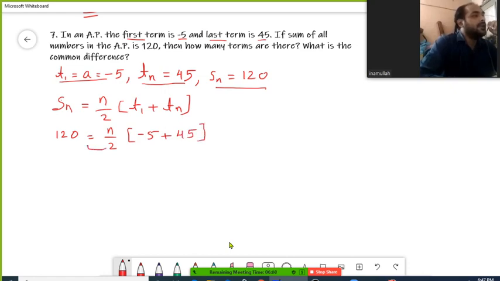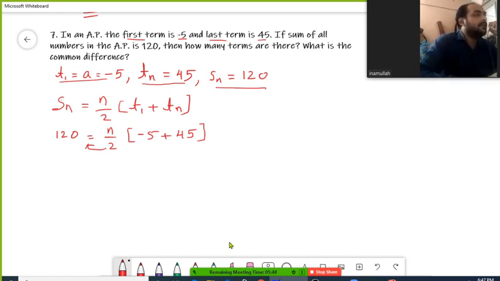This 2 can be transposed to the left hand side. It will multiply by 120. So here you will get n into bracket minus 5 plus 45, which will give you 40n.